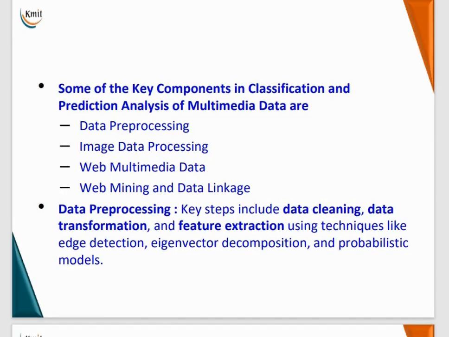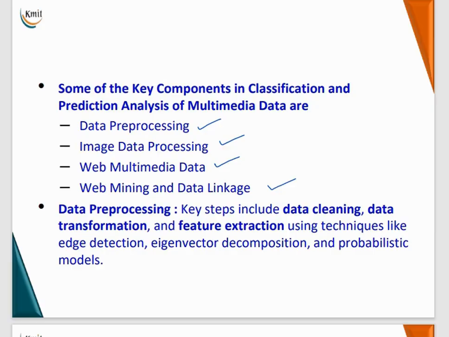Some of the key components in classification and predictive analysis of multimedia data are data pre-processing, image data processing, web multimedia data, web mining, and data linkage. So let us discuss one by one.